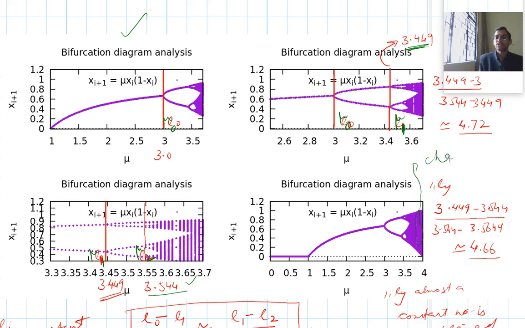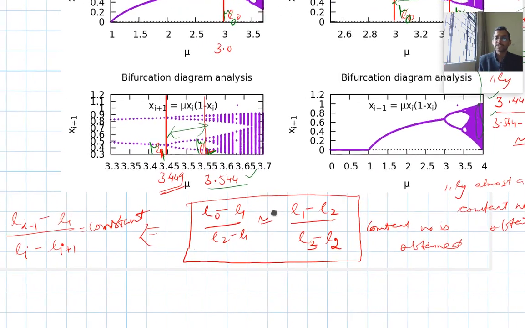This region is the chaos region. If we take the ratio of this distance over this distance, using these points, I get nearly 4.72. And if I take another step, with the next population, it is also about 4.66. So a type of constant number is emerging.